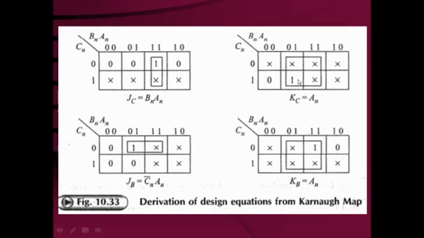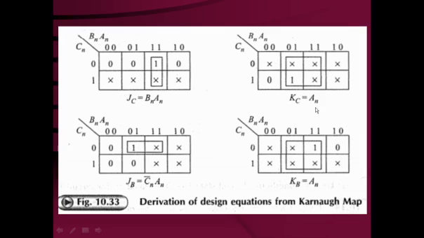If it is a quad, two variables and their complements will drop out. That means you can see that the variable Bn here is going to be 0, Bn here is going to be 1. So Bn is going to drop out. When you move from here to here, the variable Cn, which has 0 and 1 values, is also going to drop out. Only one variable An remains. So Kc is equal to An.